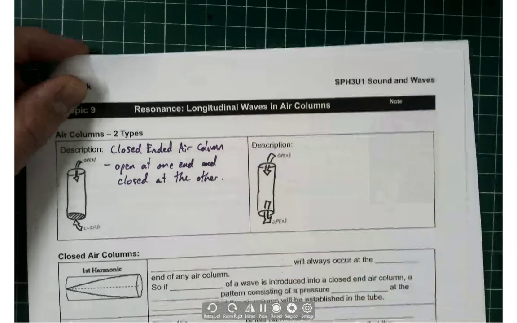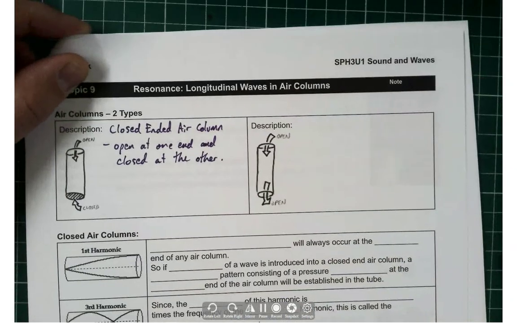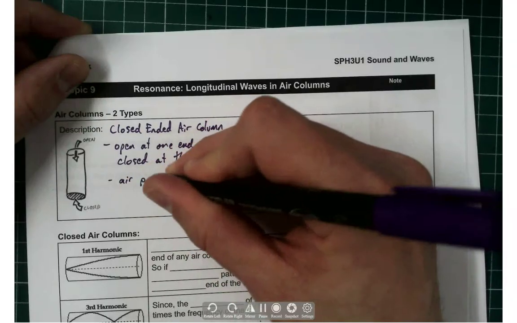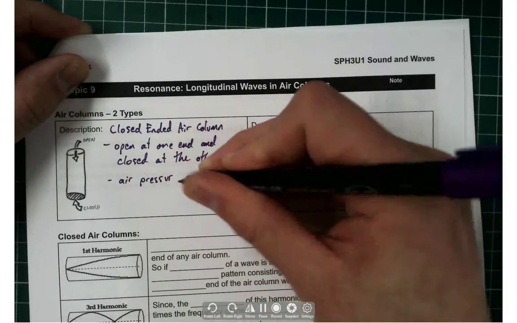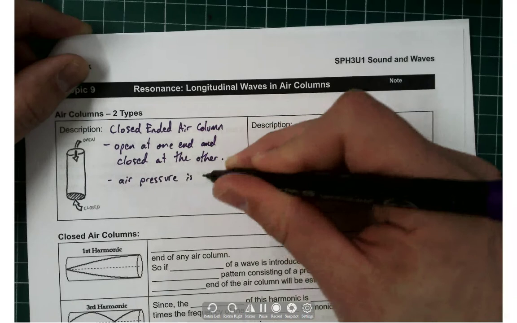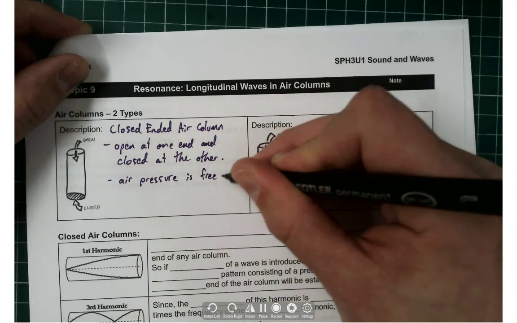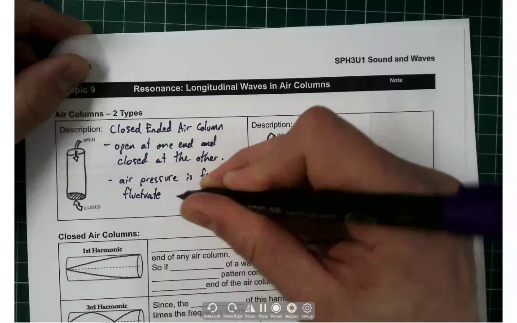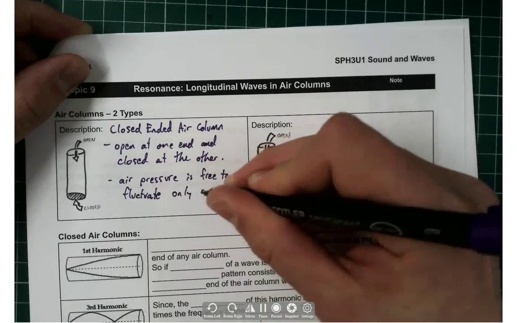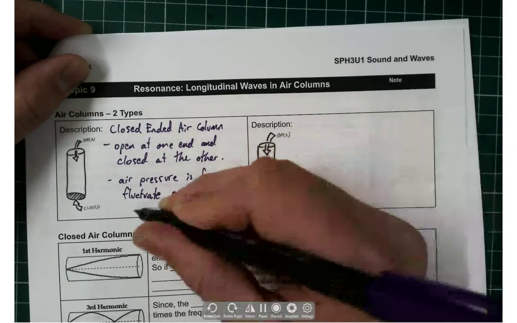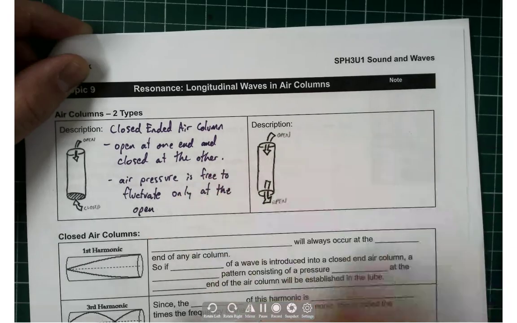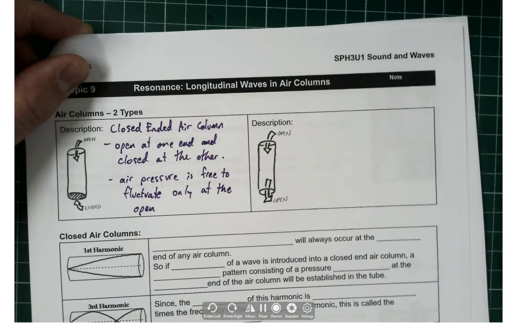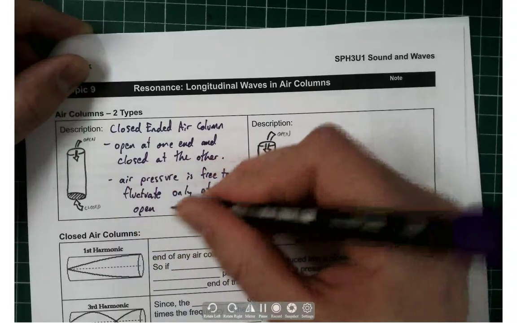And the fact that it's open at one end and closed at the other means that air pressure is free to fluctuate, F-L-U-C-T-U-A-T-E, only at the open end.